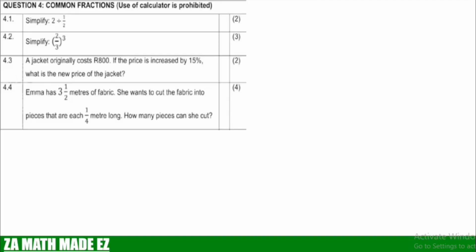Question 4. Common fractions. Use of calculator is prohibited. But you can still use your calculator for simple calculations. They just want to see your calculations. They want to see your methods. Okay, if you remember from the KFC method, we're going to use a lot of this method. You take 2, you change the division into a multiplication sign.